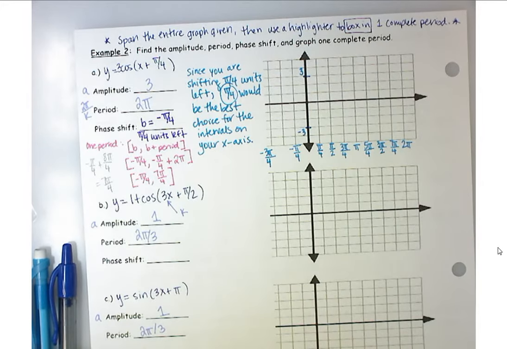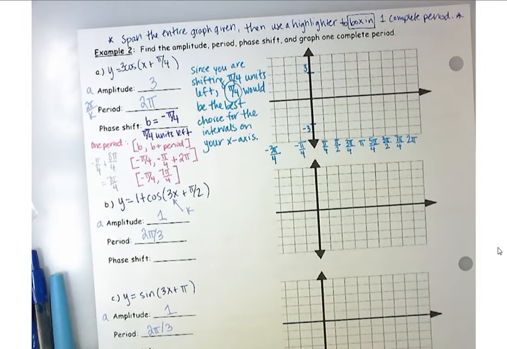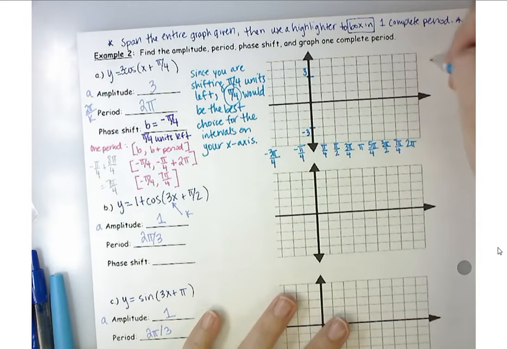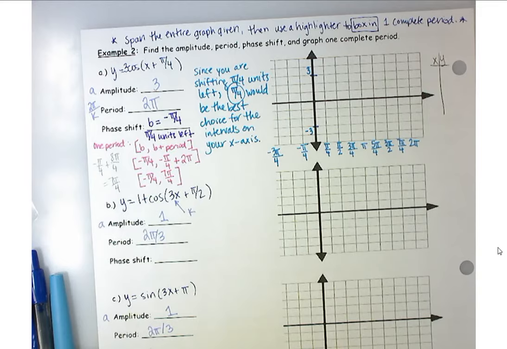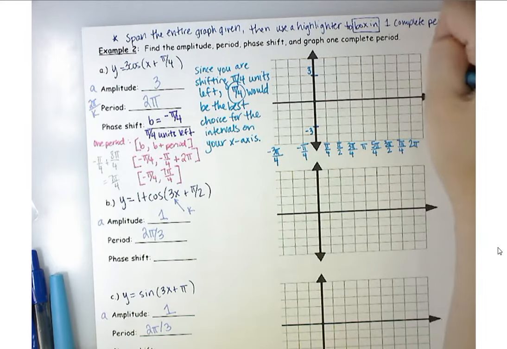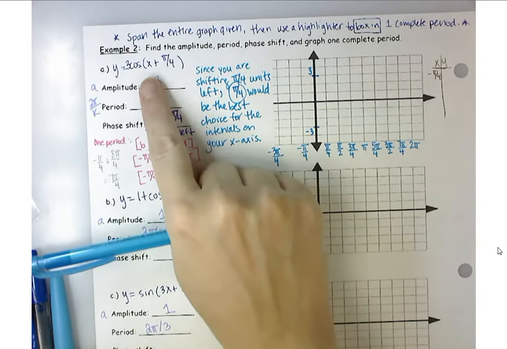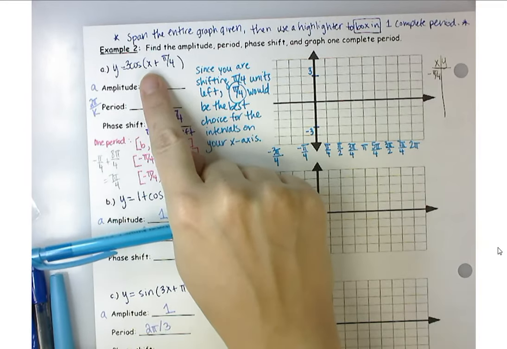Now, yesterday when we were starting our graphs and I did the table, where did I always start? At 0. Now, I'm going to start somewhere different. Do you guys know where I want to start for this one? Yeah, so whatever your b value is, that's where you're going to start. So negative pi over 4. Now, when I plug in negative pi over 4, what happens?